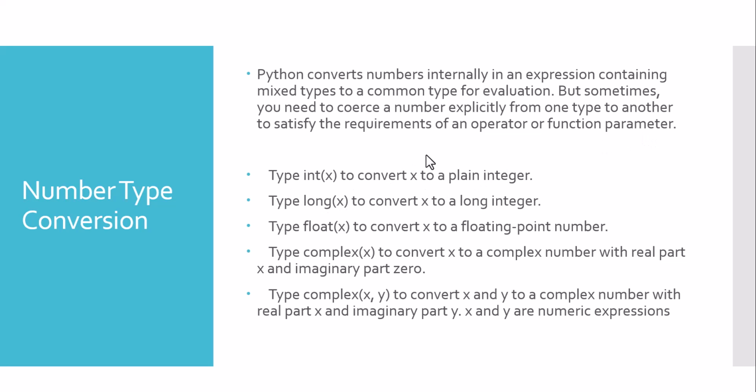If some number is there and you want to convert it into a plain integer, you can easily convert. With the help of long(x) you can convert to a long integer. With the help of float(x) you can convert to a floating point number. Similarly, you can also convert into the imaginary part, and you can create a complex number also.